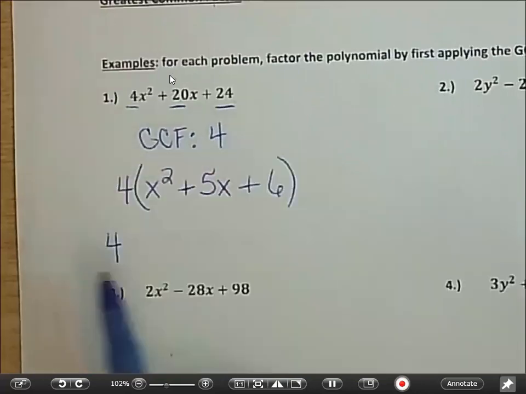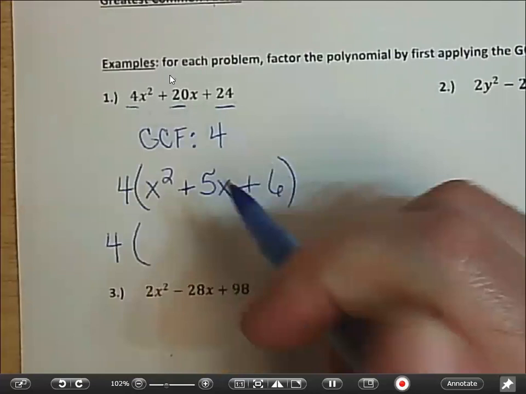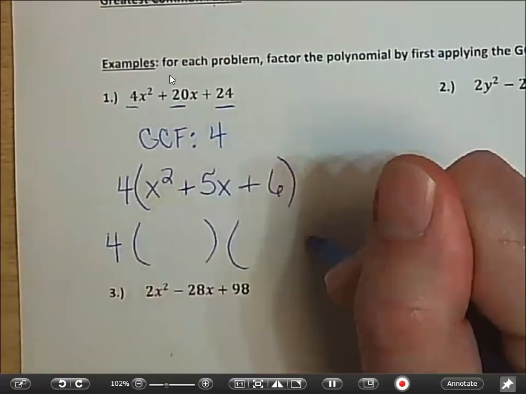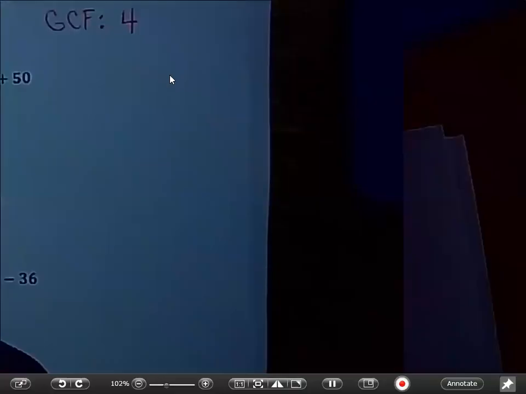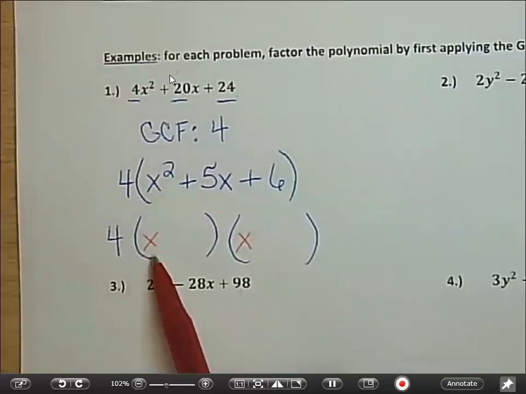You don't do anything else with it, but you don't want to get rid of it either. And we're going to break this trinomial down by factoring it. Just like we did yesterday, you've got x squared, so we're going to split those up because x times x gives you x squared.